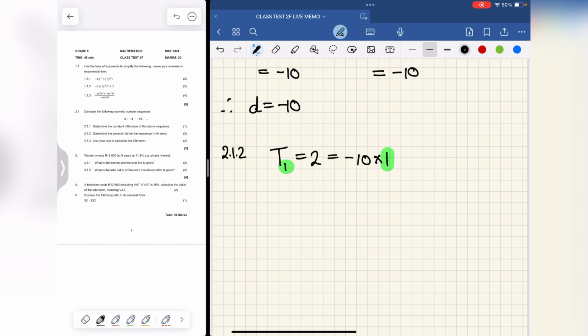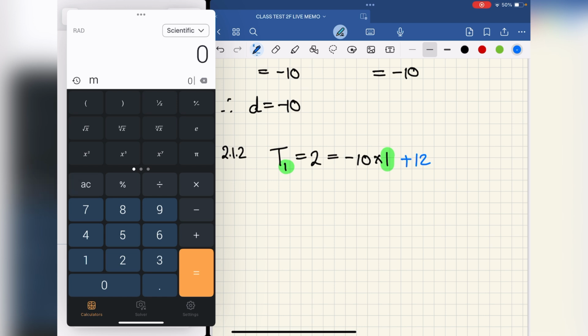So what do I do to get to 2? What can I do to -10 to make it equal to 2? And I can then play around with the calculator with the numbers, and if you're good with your integers and adding and subtracting integers, you can immediately say, well, that means I need to add 12, and I would get to 2. If you can't do that, then you say, okay, I've got -10 and I'm multiplying it by 1.